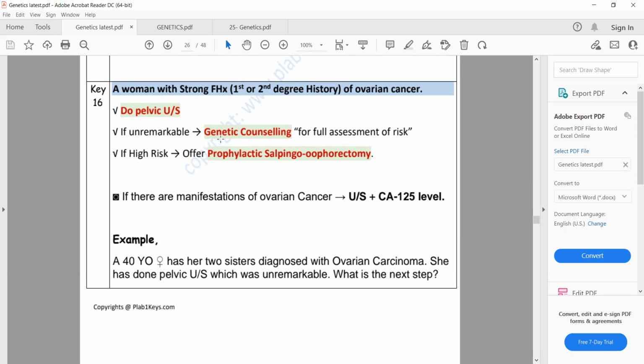And if on genetic testing, mutations such as BRCA mutations are present, or if the patient is high risk, then we will offer the patient prophylactic salpingo-oophorectomy. That is removal of the fallopian tubes along with the ovaries.